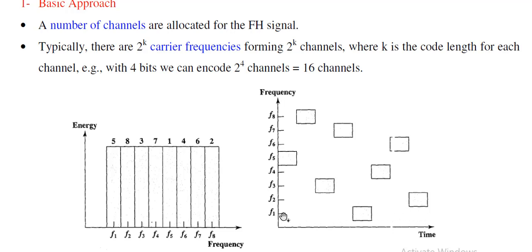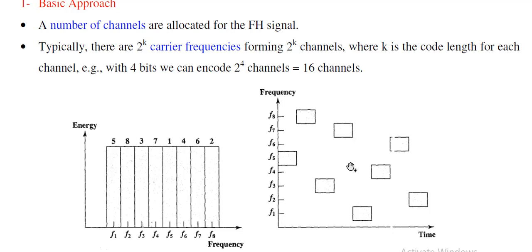Now, if we want to spread our signal, we have to hop from one channel to another, which means that the original signal will be shifted from the original frequency to the frequency of F5 for a certain time. Then we will jump to another channel that has a carrier of F8, and then to another channel of F3.